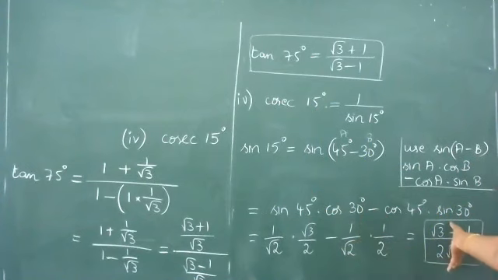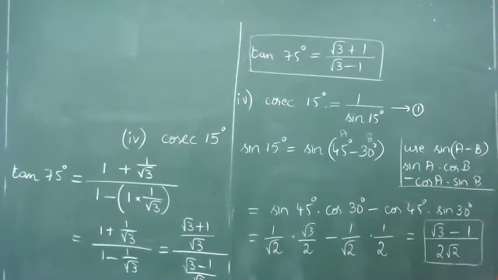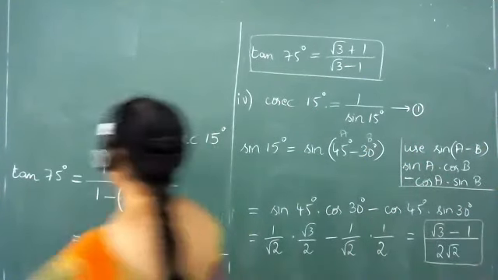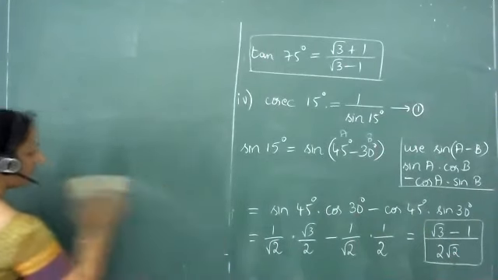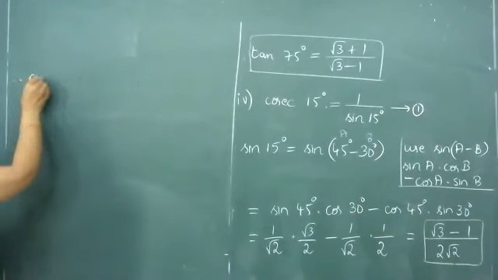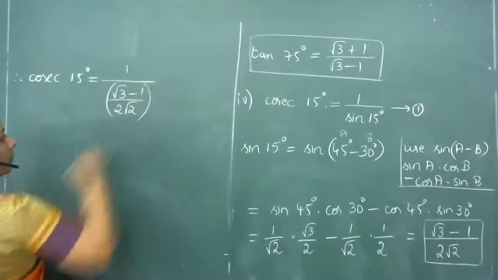Hence, the same value obtained here, that is root 3 minus 1 divided by 2 root 2, will have to be replaced back in equation 1. So what happens to equation 1 now? That means the value of cosecant 15 degrees will be equal to 1 divided by root 3 minus 1 divided by 2 root 2.